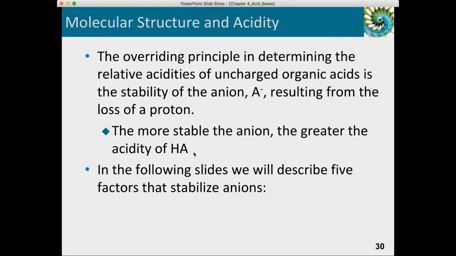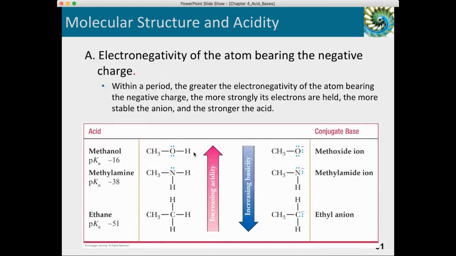In the following slides, I will present five factors that contribute to the stability of conjugate bases. The first factor is electronegativity. One really important thing when you compare molecular structure and relate that to acidity is to compare things that you can compare. I will give you an example of what I mean.